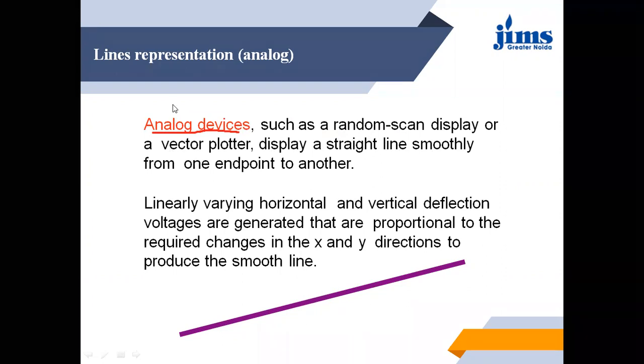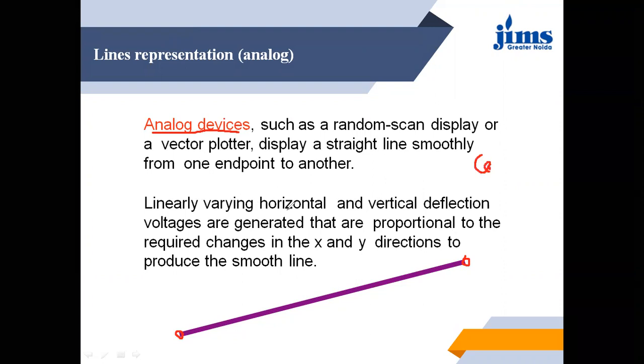You can see over here that when we draw a line from this point to this point, the line seems very smooth because this is a continuous platform.